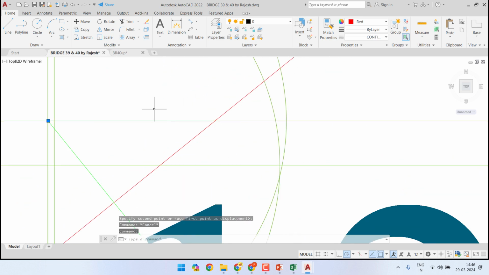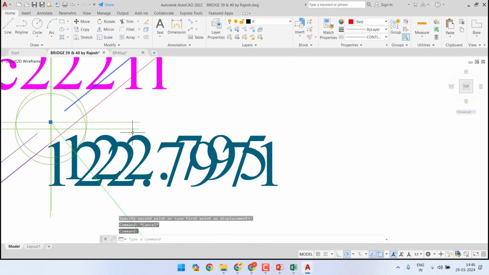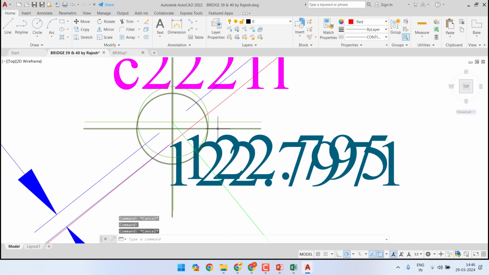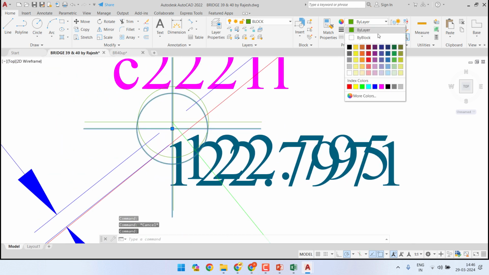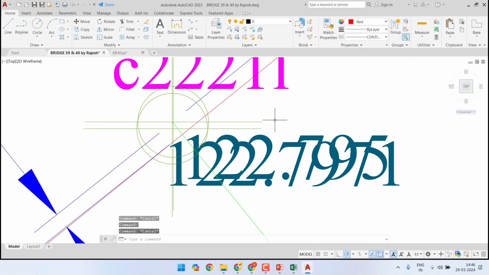This calculation is with respect to the second, so this is also correct, and for the time being we will change its color to a little bit invisible.